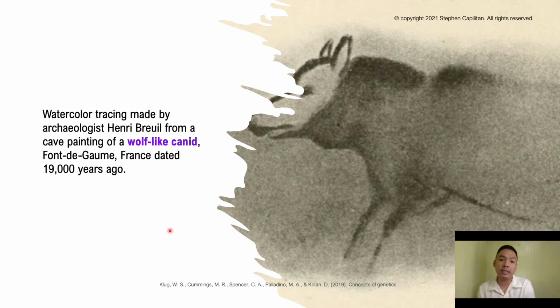They wanted these particular traits. That's why in my presentation I've posted a wolf, like a canid, because these are the immediate ancestors of our modern day dogs, and dogs are domesticated animals.